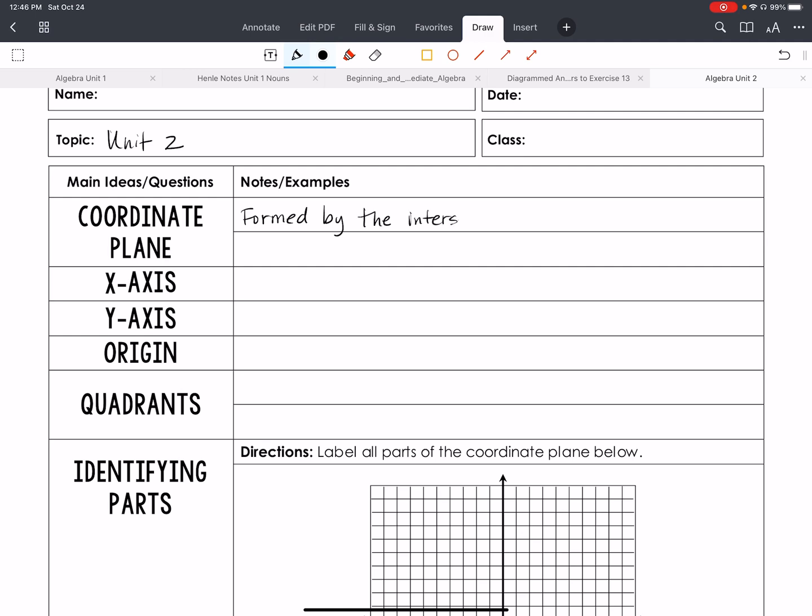Intersection just means a crossing of a horizontal number line, which means left, right, and a vertical number line. And vertical means up, down.